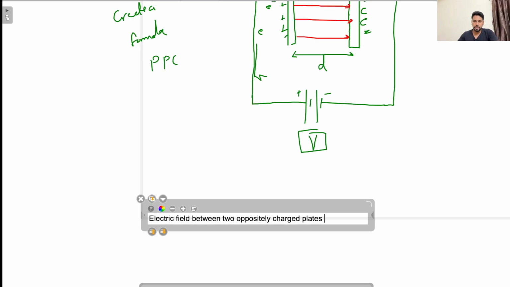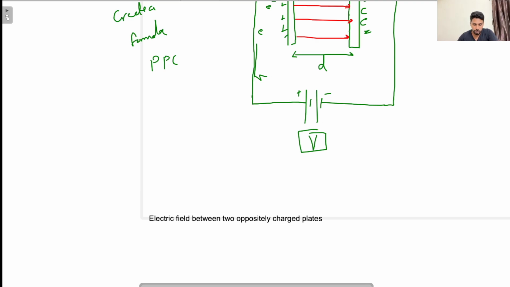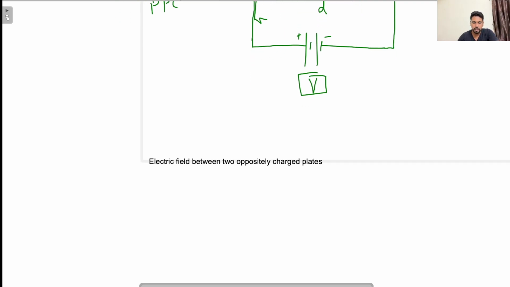So remember students, you have learnt this formula in one of the applications of Gauss law. If there are two plates, one positively charged and the other negatively charged, this is the electric field between them. The electric field value is found to be sigma by epsilon naught.